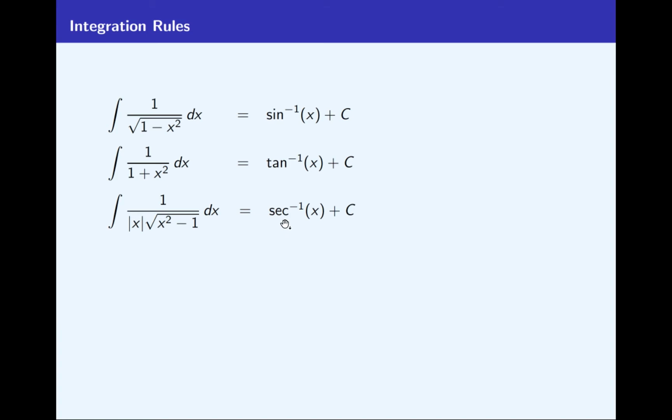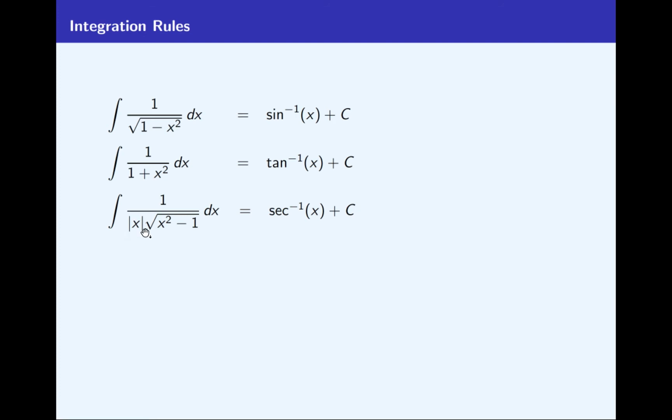And here's another one. We know the derivative of secant inverse of x equals 1 over the absolute value of x times the square root of x squared minus 1. So that gives us this integration rule. And typically the way this one works is that sometimes the absolute value right here looks a little artificial.